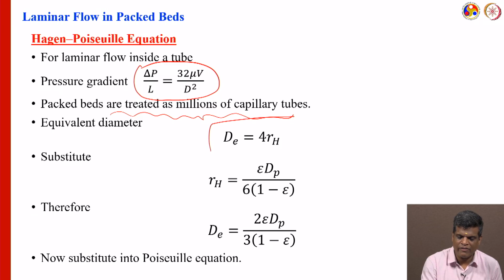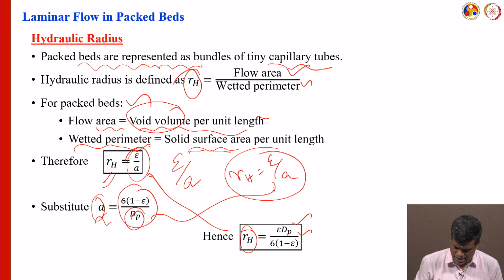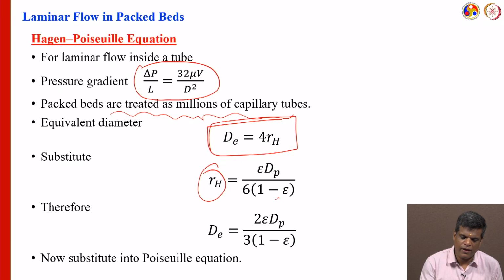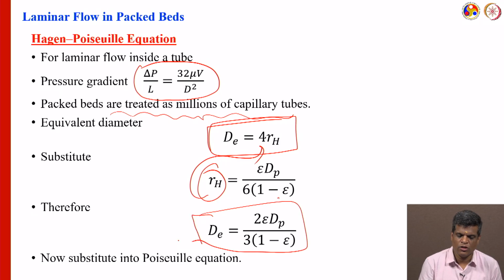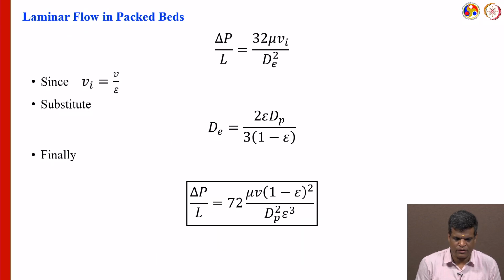Then the equivalent diameter is DE equal to 4 RH, with RH the hydraulic radius, which we calculated previously. Once we know DE, we substitute it into this equation and modify it, and we get a new Hagen-Poiseuille equation for flow through packed bed.